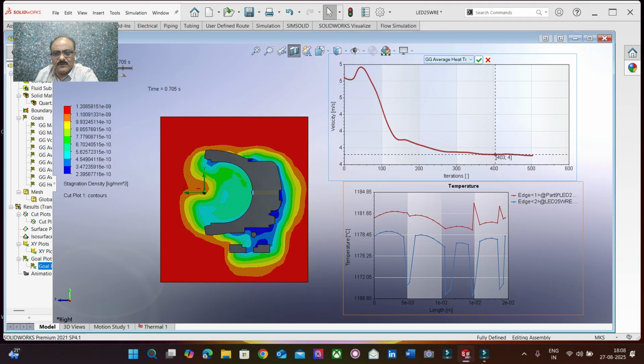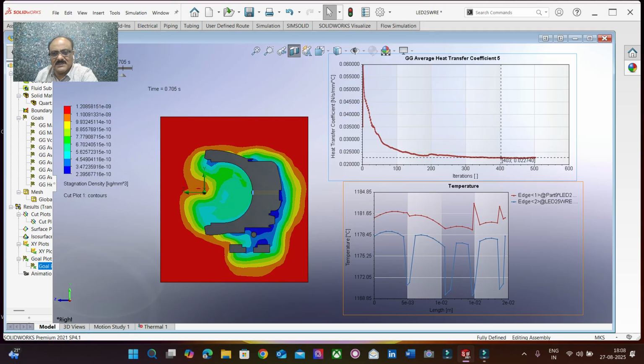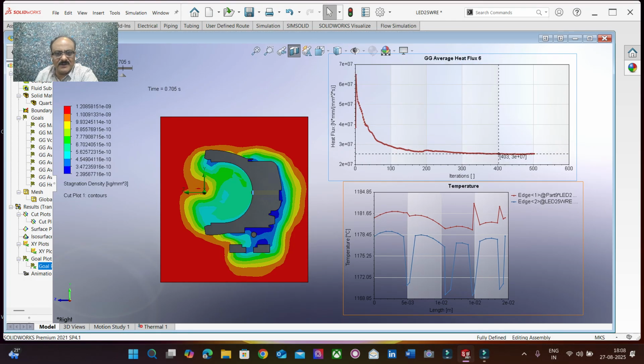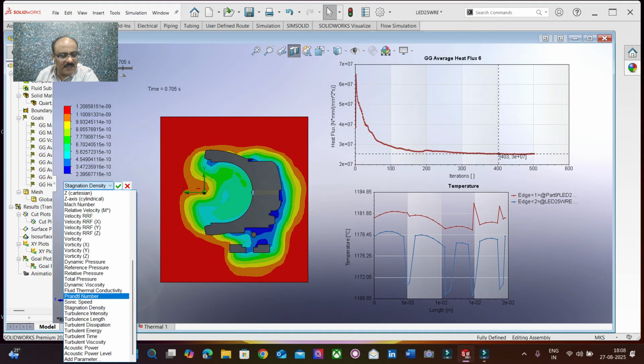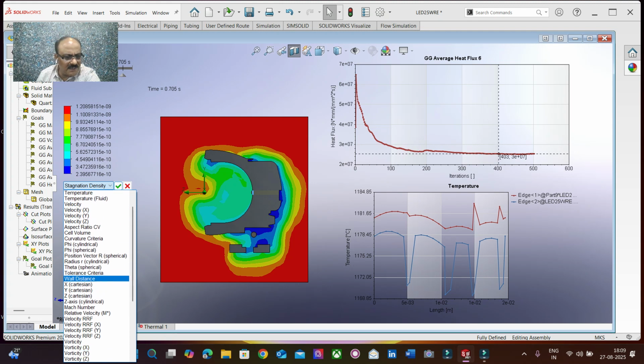Now let's find out the heat transfer coefficient. This is how the heat transfer coefficient is, and we can find the heat flux, which is very important. Flux is very important.